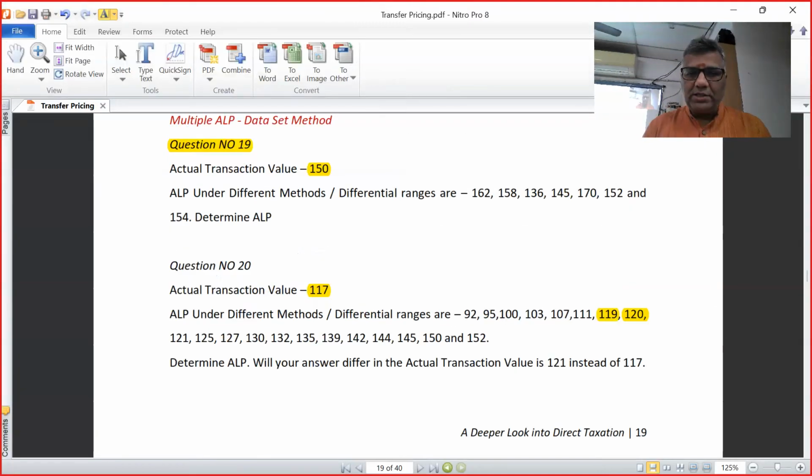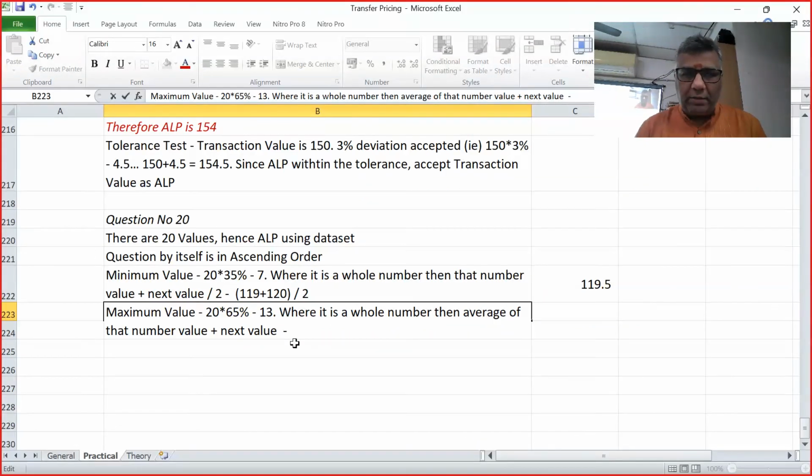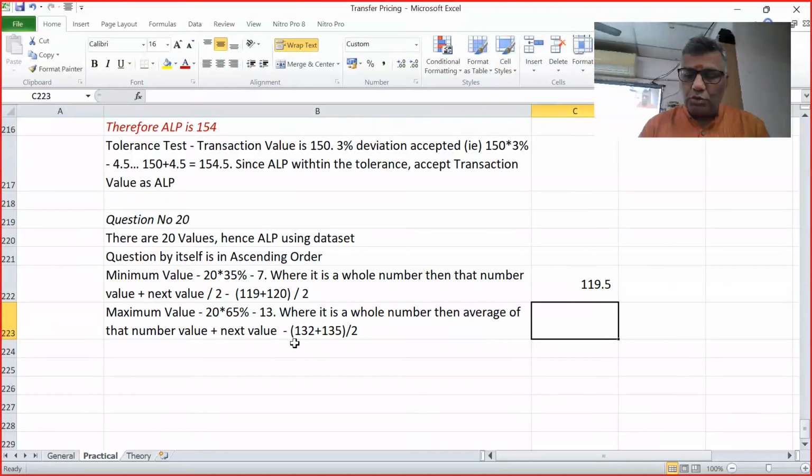Let's go. 7, 8, 9, 10, 11, 12, 13. 132 plus 135 divided by 2. How much it comes to?